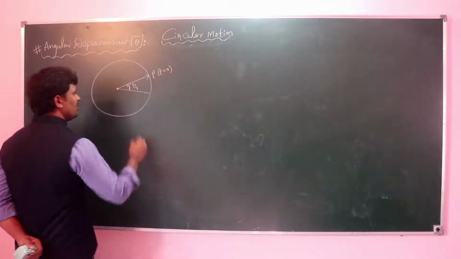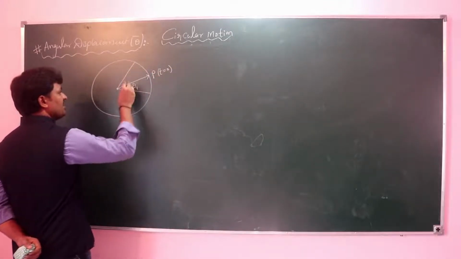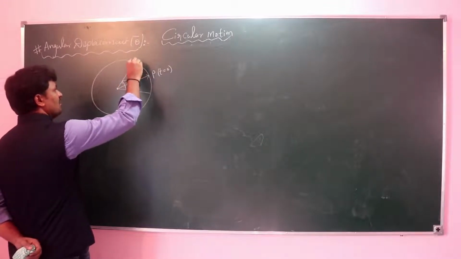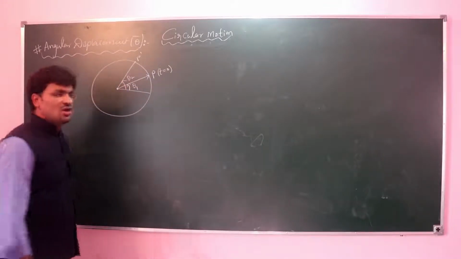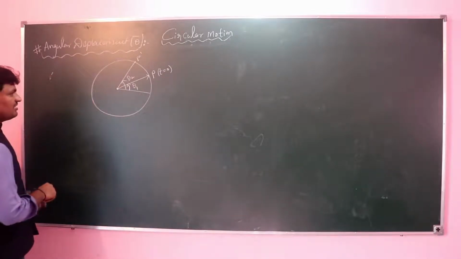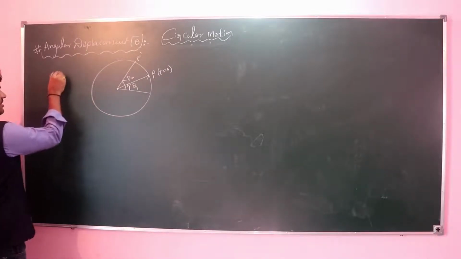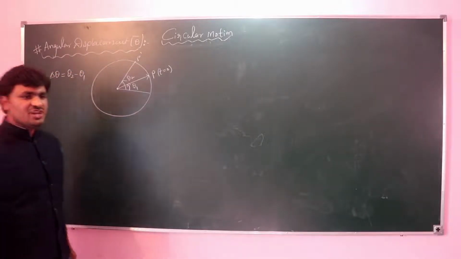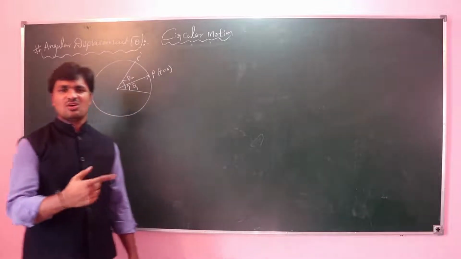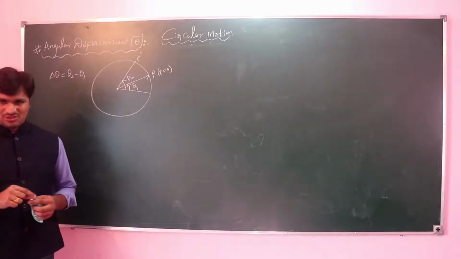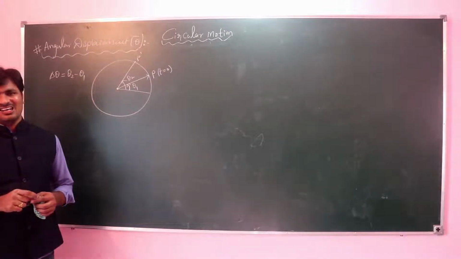As time changes, the position of the particle changes from theta 1 to theta 2, the final position. The change in angular position, delta theta, is equal to theta 2 minus theta 1. The change in angular position is called simply angular displacement.